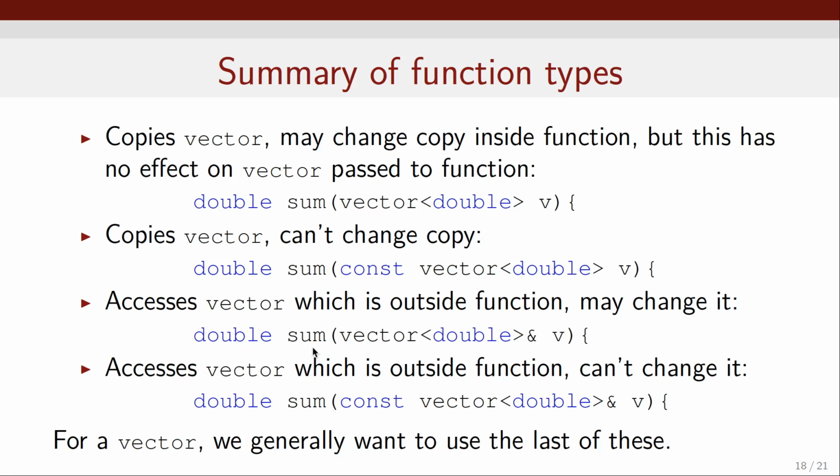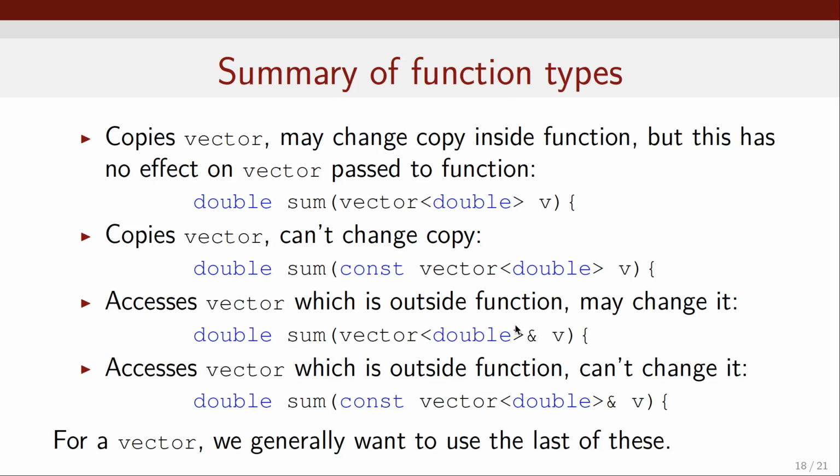Now, this function here, sum vector double address of v, is a bit more dangerous. This function accesses the vector, which is outside the function, directly from where it's stored in the computer's memory.